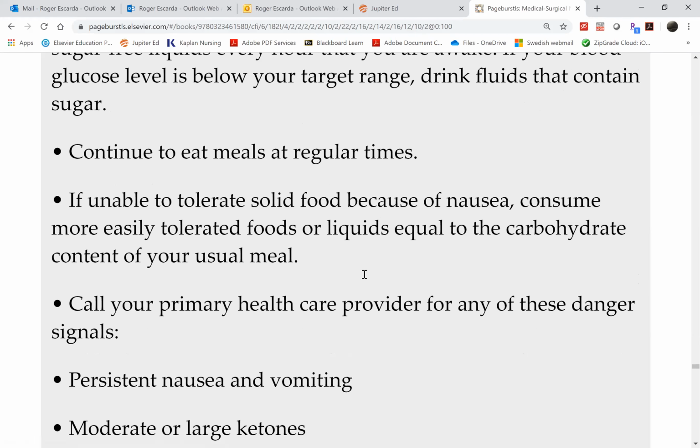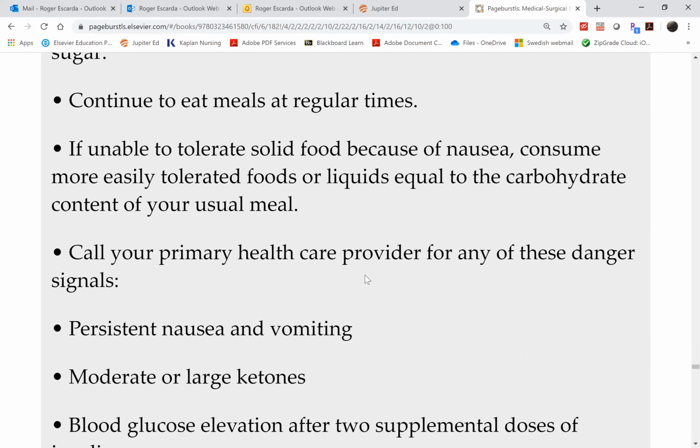But as long as you can stay home. It used to be whenever we had positive ketones in the urine, every patient was admitted to the hospital. That's not really necessary nowadays, especially in this day and age wherein we're dealing with COVID. As long as you can keep some fluids down, we don't have to admit you to the hospital.